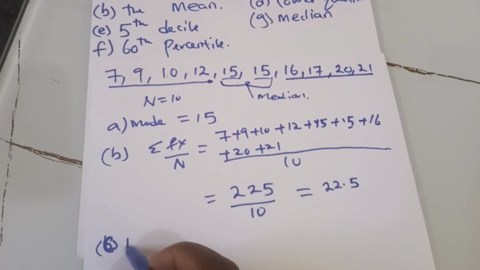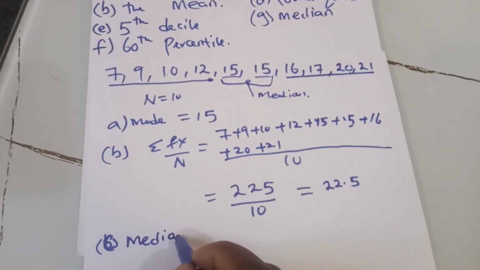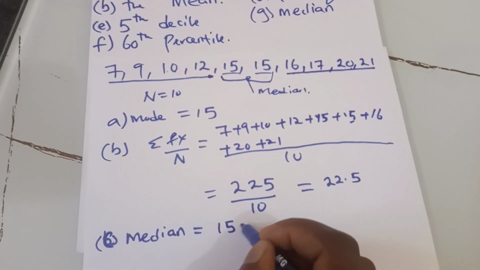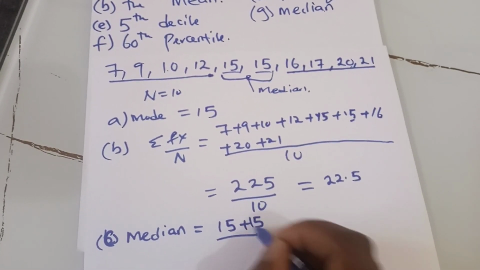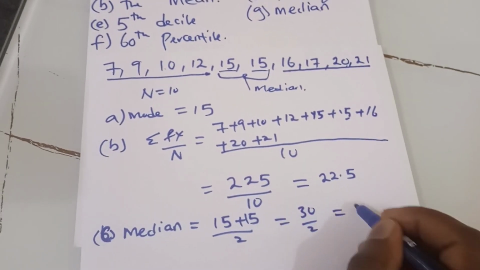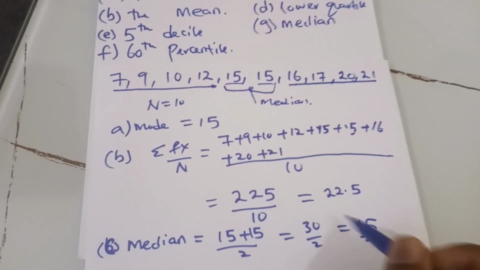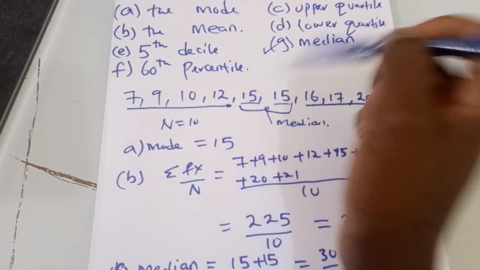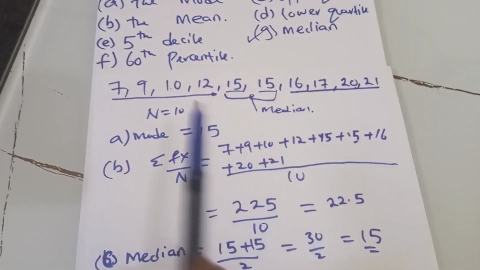For this case they happen to be 2, so we find the sum of the two values and then divide by 2, the average. So 15 plus 15 divided by 2, we get 30 over 2, 15. So therefore the median is 15, the middle value. So we are done with the median.